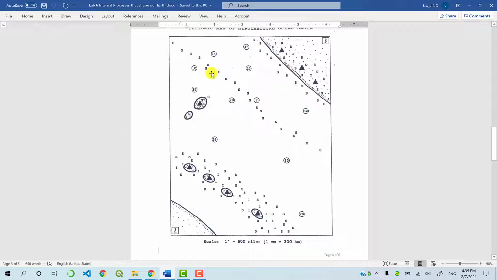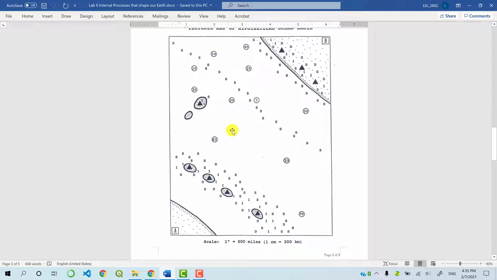If you zoom out a little bit, you can see this is the shallow focus earthquake, and you have very young rock. But if you go further away from these young rocks, you have older rocks. Hint: mid-ocean ridge. If you're away from the mid-ocean ridge, you should have older and older rock because they move this way. They're separating.